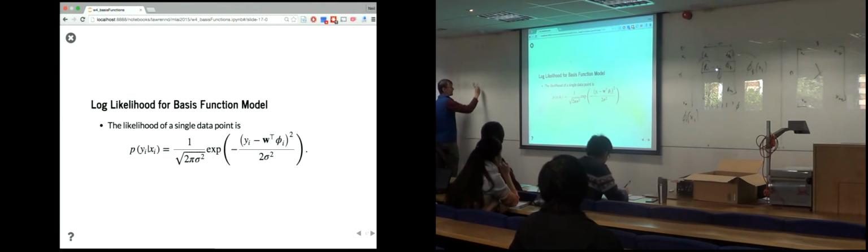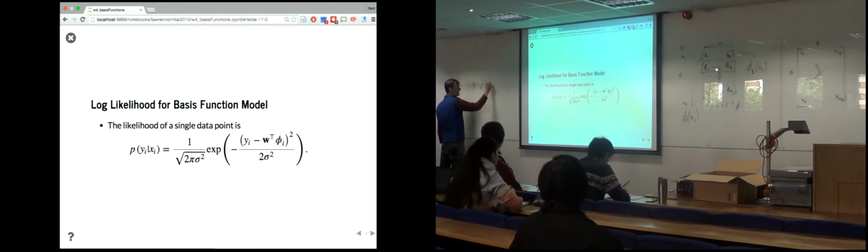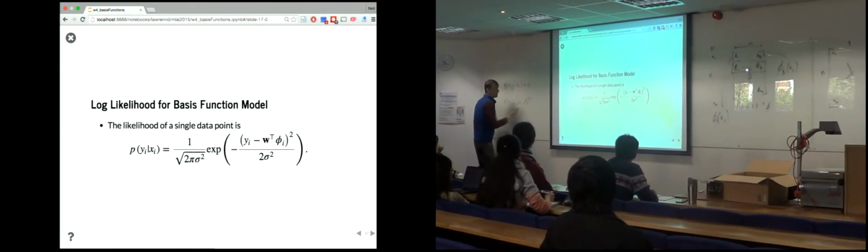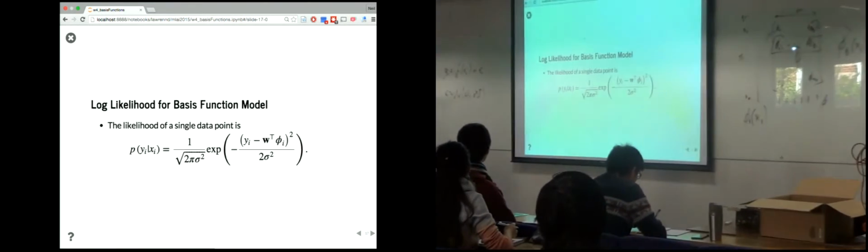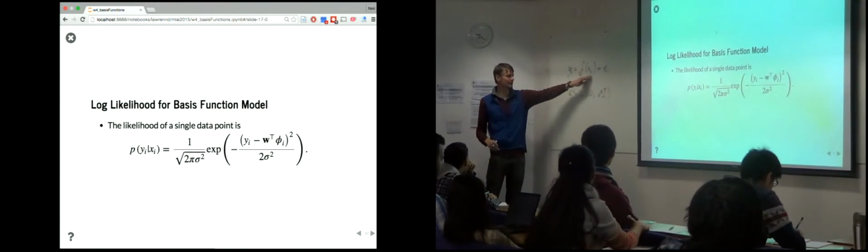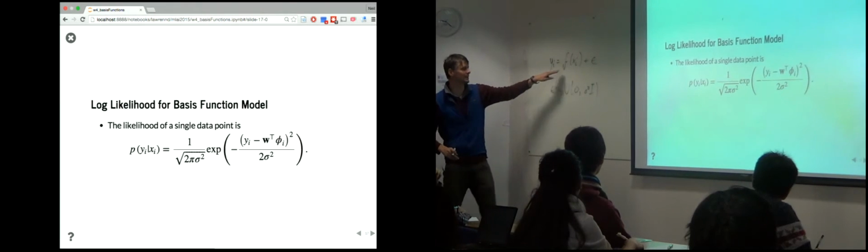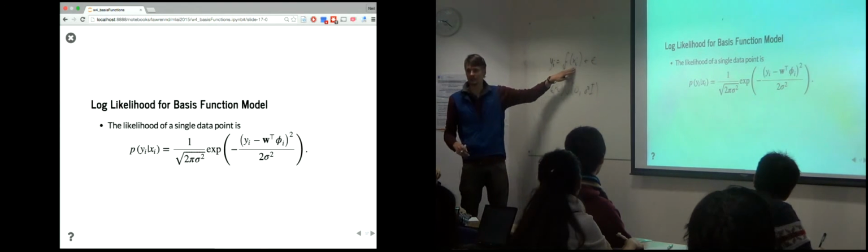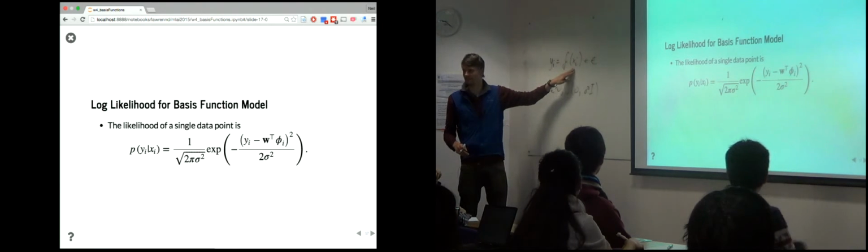So we sometimes write these models down as yi is f of xi plus epsilon, and epsilon is Gaussian with zero mean and sigma squared I. That formula is equivalent to saying this, because this is deterministic. So this is just saying that y is equal to a Gaussian with variance sigma squared plus this deterministic thing.